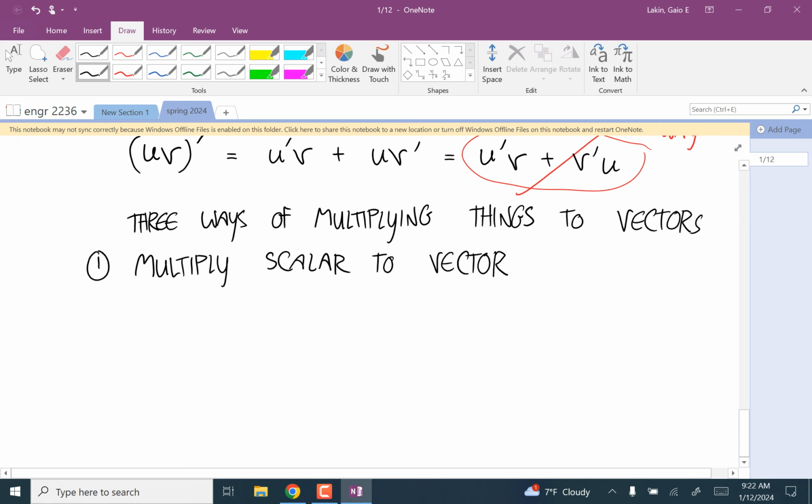Let's say that our scalar is u and our vector is v. Okay? And you want to take the derivative of those two multiplied together. You do this as the derivative of the scalar times the vector plus the scalar times the derivative of the vector.